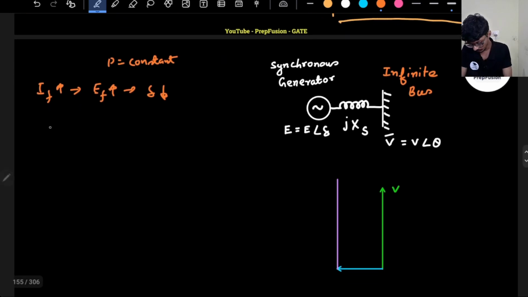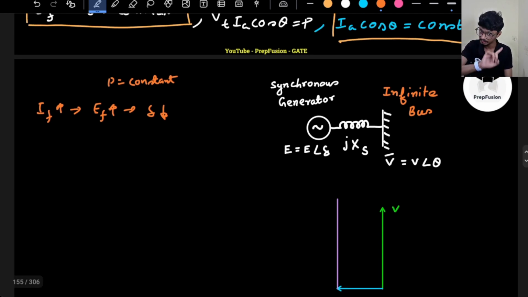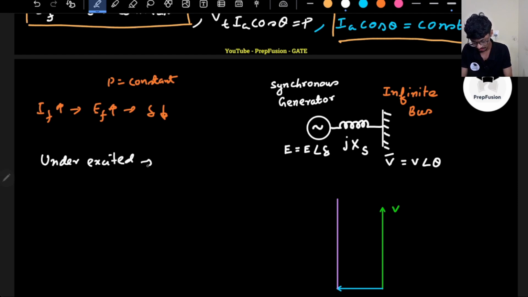Initially, if it was under excited, then the load was leading. This we have previously discussed, so just revise the previous lecture once. If initially it was very less excited, under excited, the load for a generator was leading.